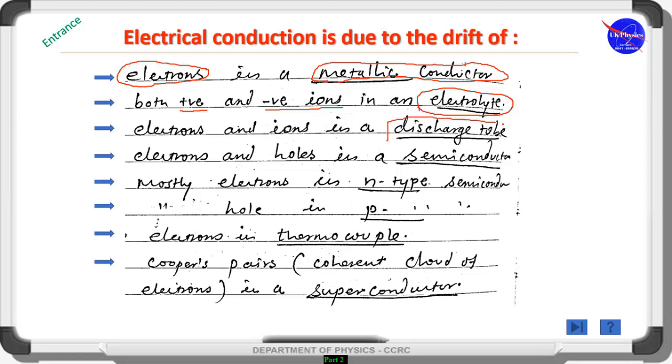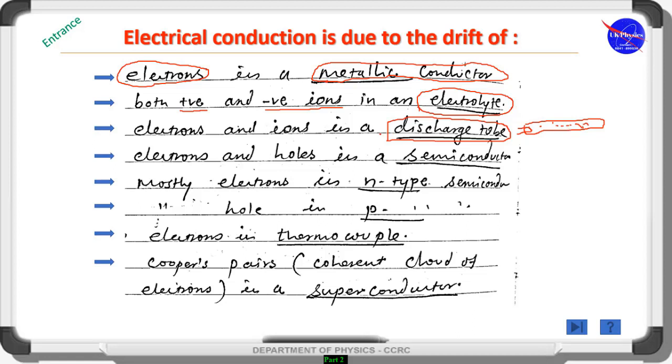And in a discharge tube, you can suppose a tube light that we have in our house. Inside the tube light there is a filament and there is a gas, and from the filament some free electrons are ejected, and these electrons can ionize the gas inside the tube so as to conduct electricity inside of it.